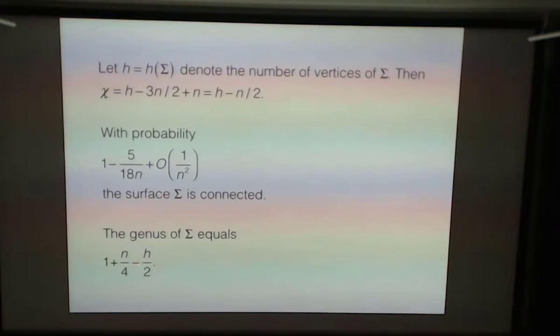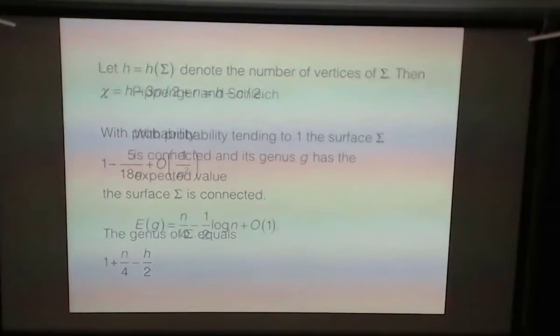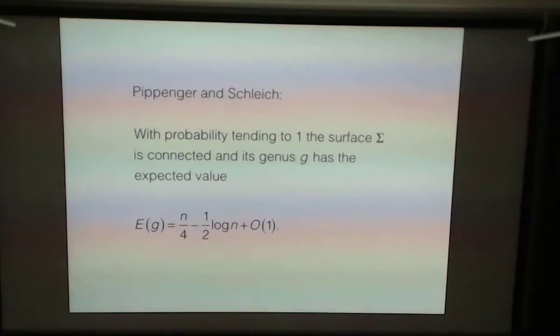So the genus will be n over 4 plus 1 minus h over 2, where the biggest summand is n over 4. Since h is random, we need to know the expectation of h. They proved in this paper that the expected genus will be n over 4 minus half log n plus a bounded quantity.